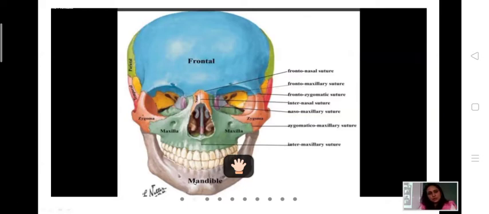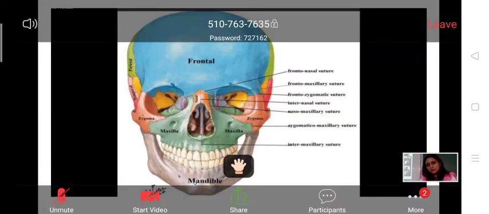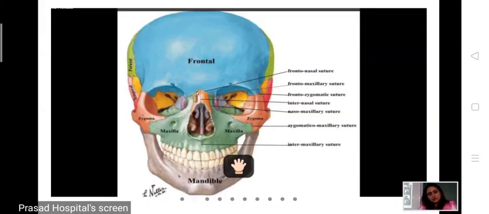Apart from bones, you can see there are different sutures also visible, and you can name these sutures according to the bones which take part or which articulate. Here you can see this is nasal bone and this one is frontal bone, so this suture is called frontonasal suture.